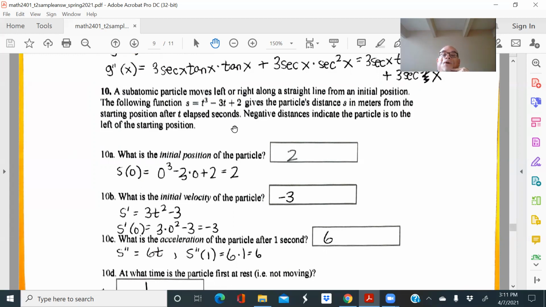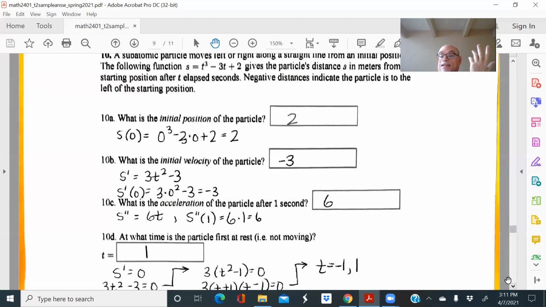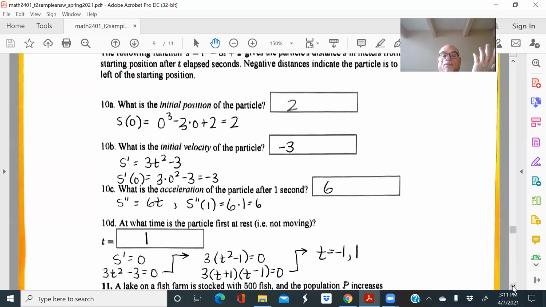First things first, what is the initial position of the particle? Just plug in 0 for t here, because initial time would be time 0, and you get 2. So its initial position is 2. That's easy, just an algebra problem.